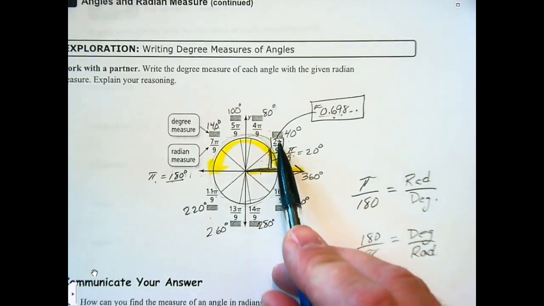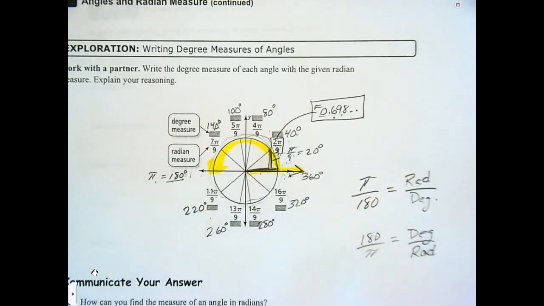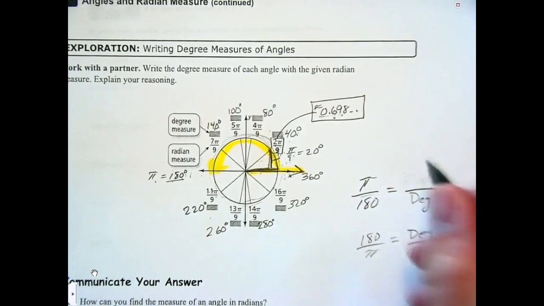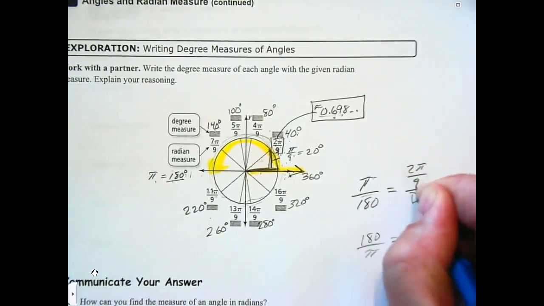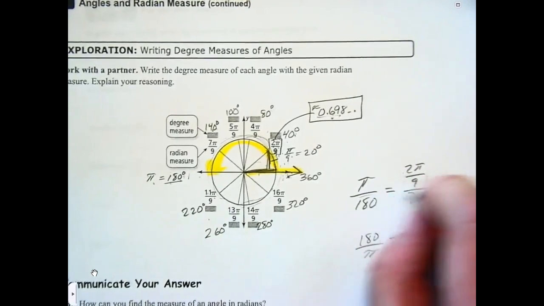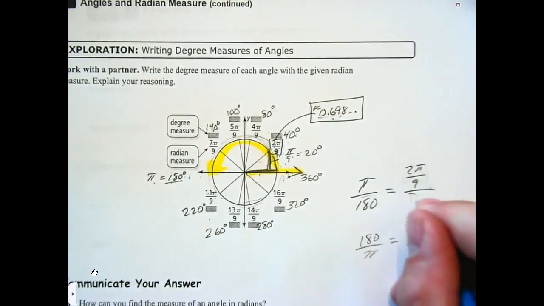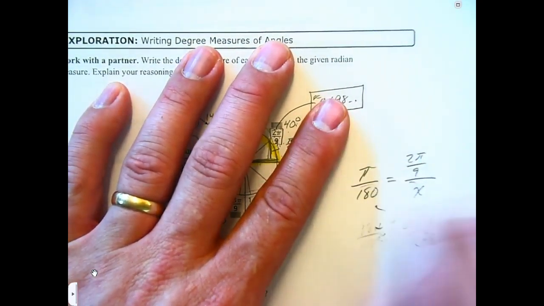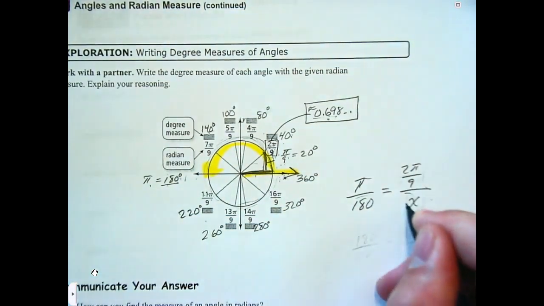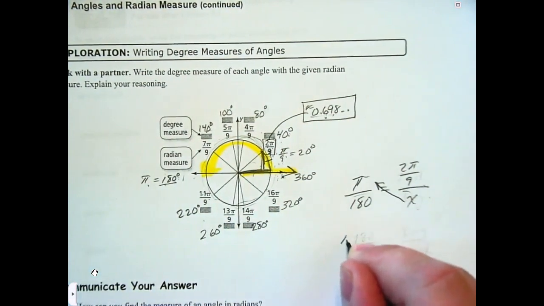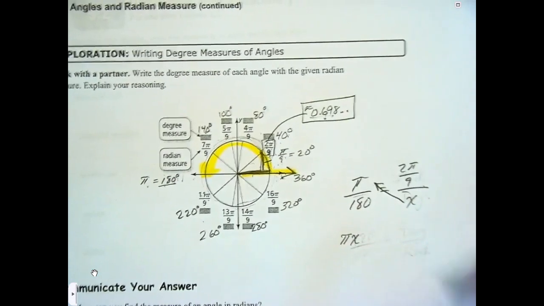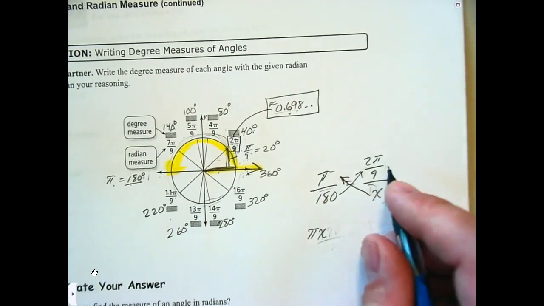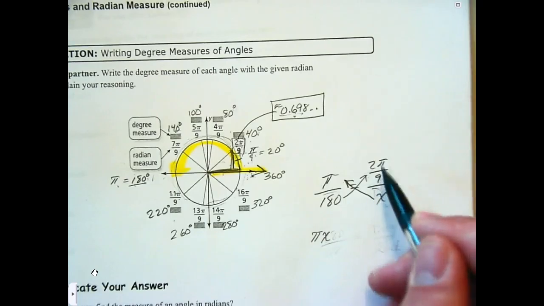Okay? So if I want to convert 2 pi over 9 to degrees, I'd have to come over to my proportion here, and where it says radians, I'm going to put 2 pi divided by 9. And where it says degrees, I'm going to put x. And we could actually calculate that mathematically. We just cross multiply. That's pi times x, which I know looks weird, equals, yeah, that's really kind of ugly. See how we get another fraction here?